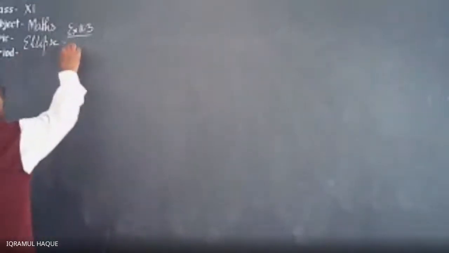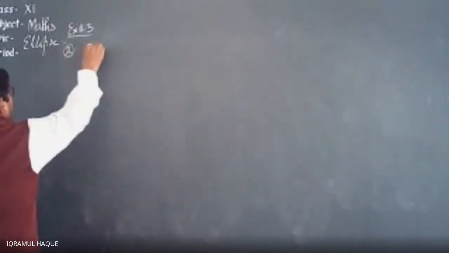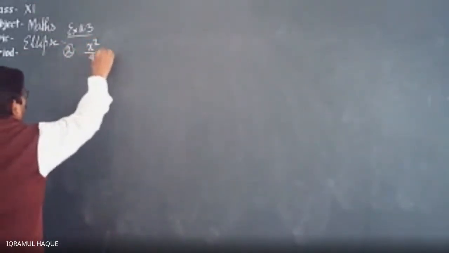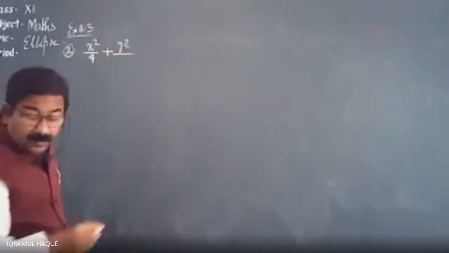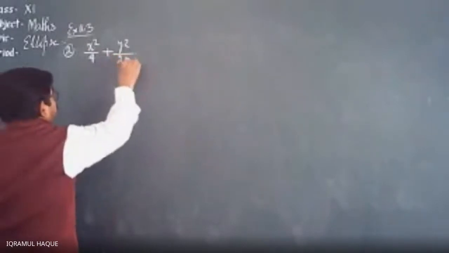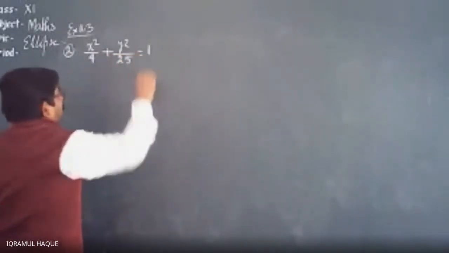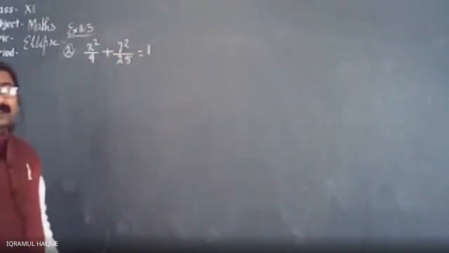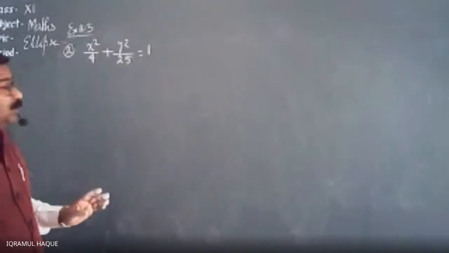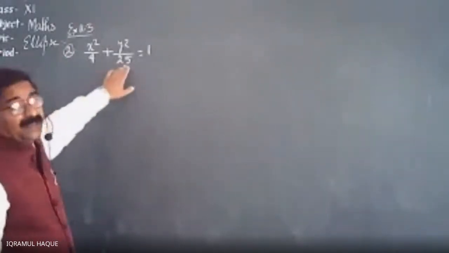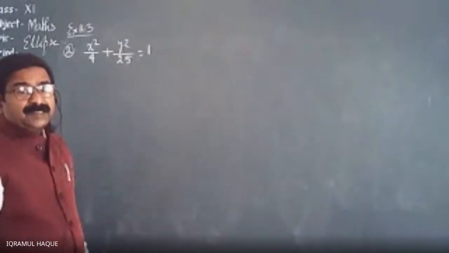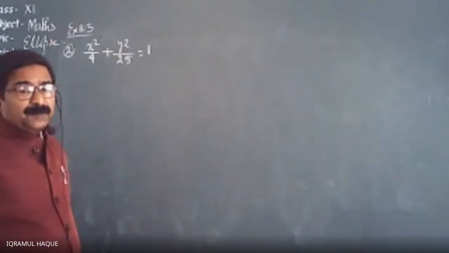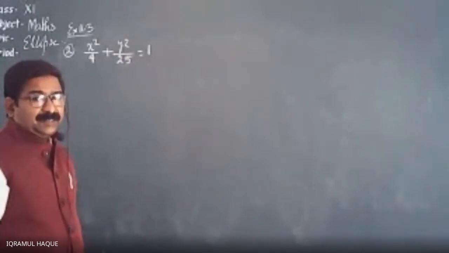Means in the second question, we have x square upon 4 plus y square upon 25 is equal to 1. Whenever we have the major value in the denominator of y, it is clear that the ellipse is along the y-axis.